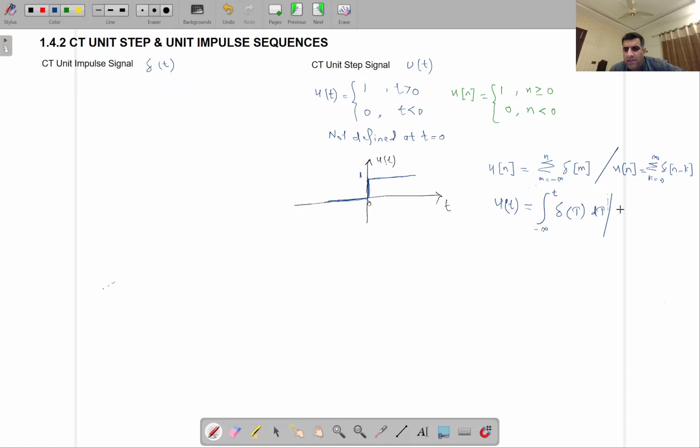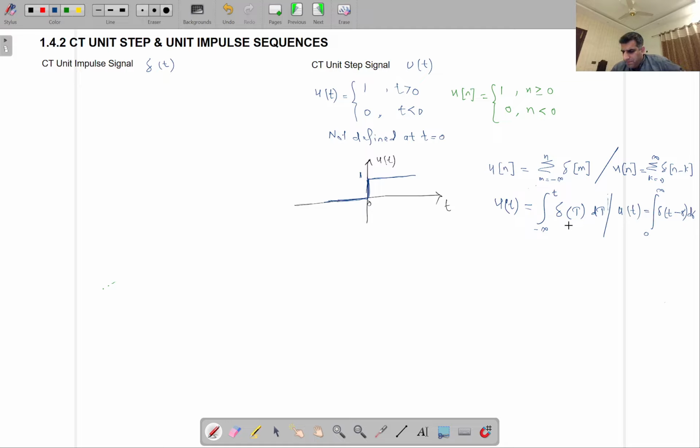Now in this case, the formula is going to be u of t, and the summation is going to be replaced again with the integral, 0 to infinity, and we are going to use delta t minus some variable, let's take the variable sigma, d sigma.